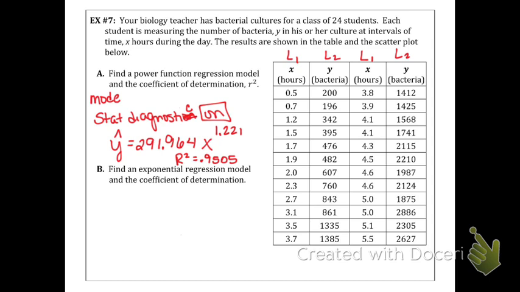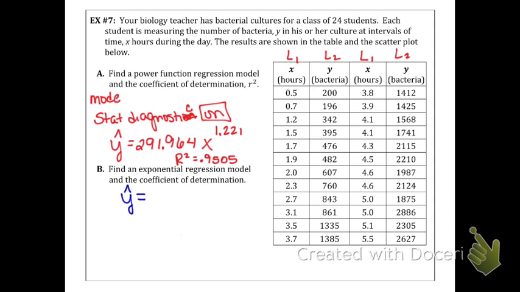It's up to you. All right, B says find an exponential regression model and the coefficient of determination. So we're going to go back into our stat calc, and we're going to find exponential regression. And let's write down that equation.